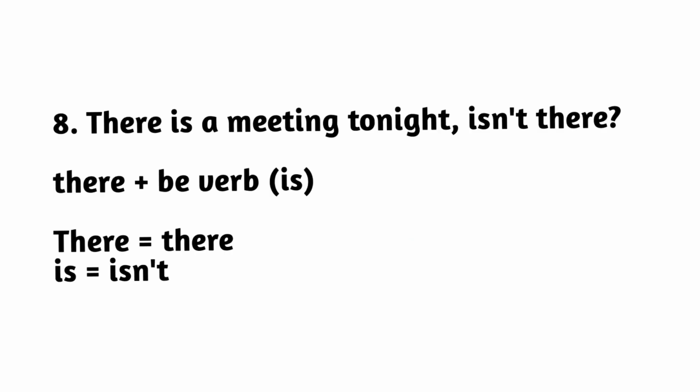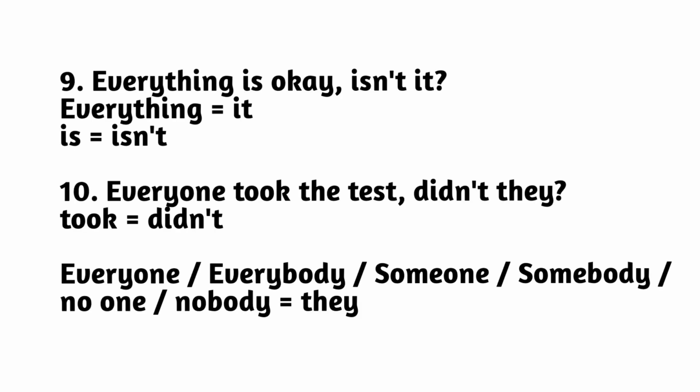There is a meeting tonight, isn't there? In the sentence, the structure is there plus be. Then there is used in the tag. Number 9. Everything is okay, isn't it? The tag pronoun for everything is it.